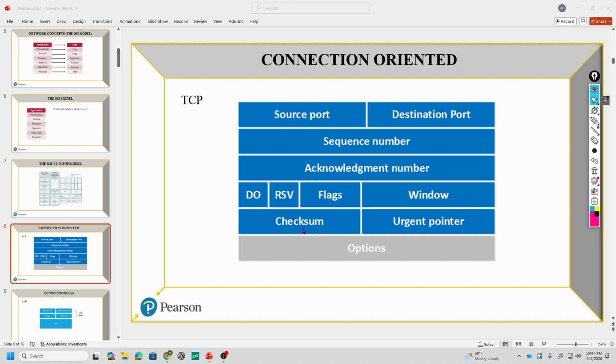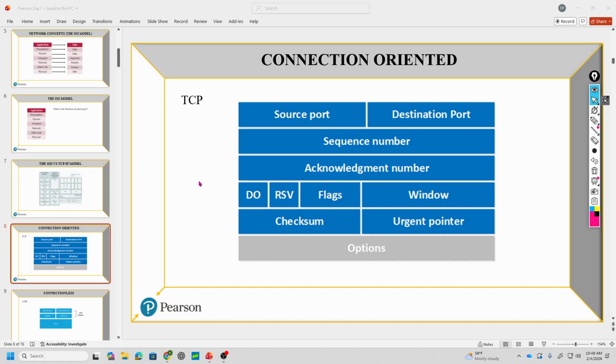Then there's the checksum. The checksum is a 16-bit hash, basically, of this header and the data and everything contained in this packet. So when you first receive a packet, the first thing your machine does is it calculates the checksum, rehashes it, and makes sure that those two numbers match.